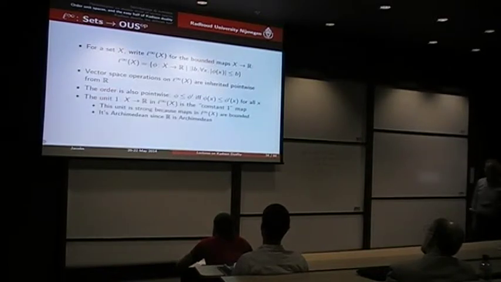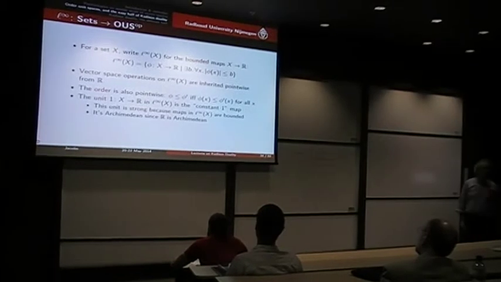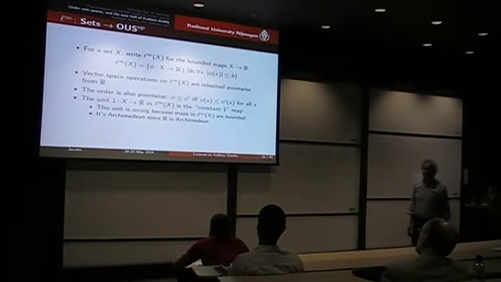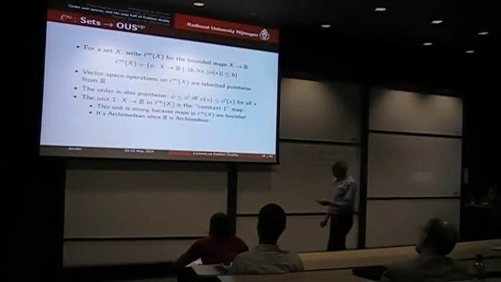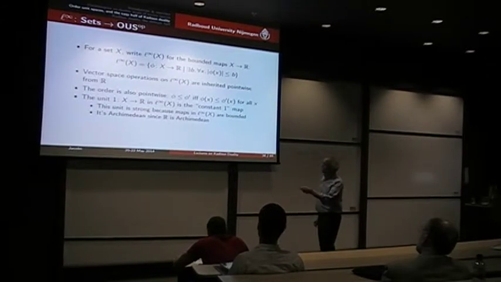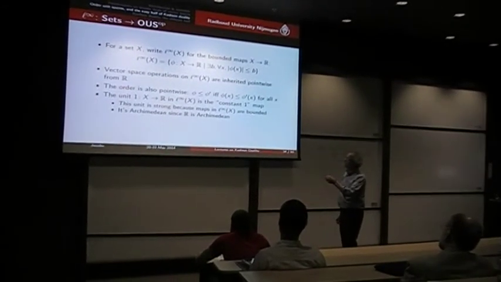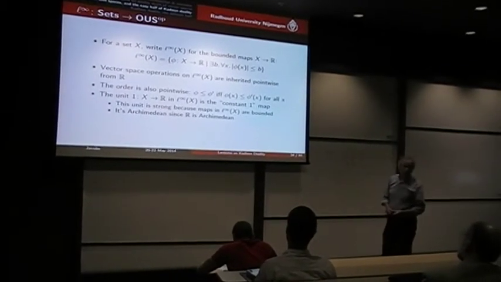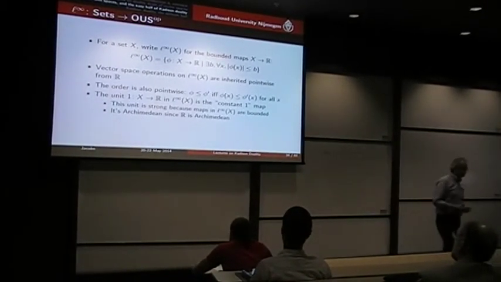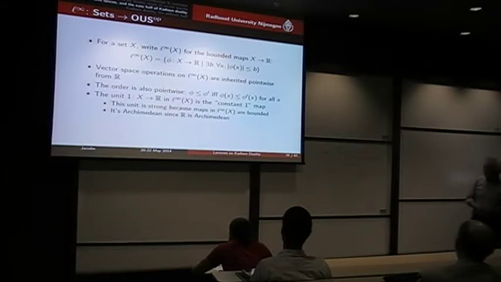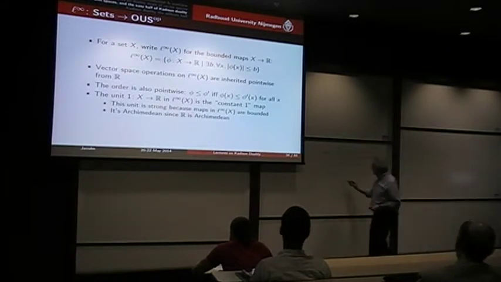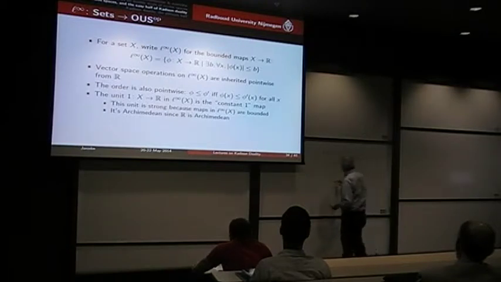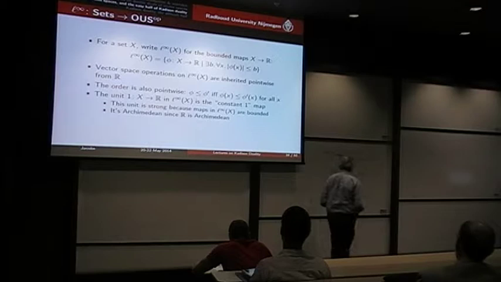There's a unit, and the unit is simply the function that's constantly 1, and it's strong precisely because maps are bounded. Because we have these conditions that maps are bounded below a real number b, so I can take a natural number above it, and basically I then get that phi of x is below n, like this.